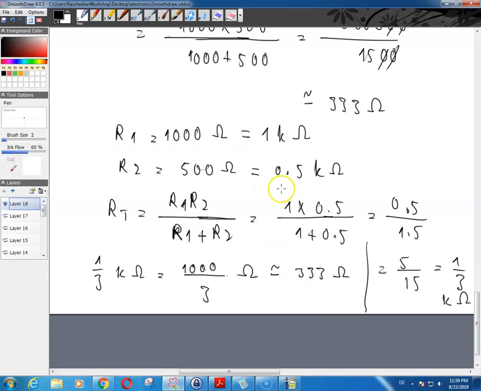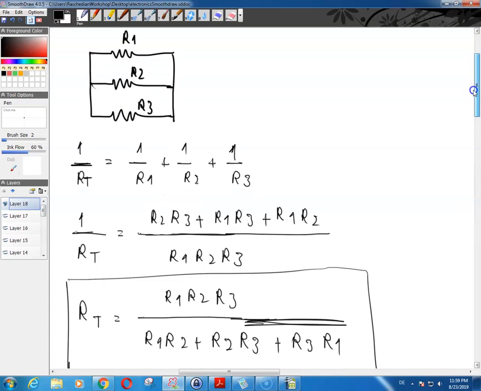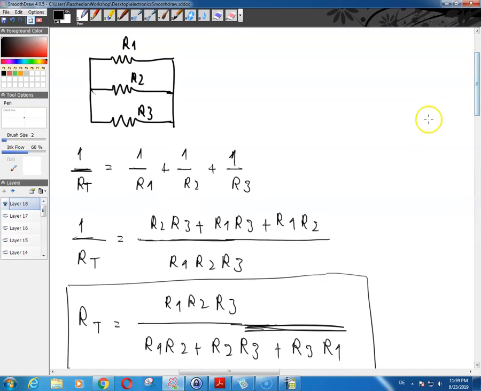So in particular situations, it's easier to convert your numbers so that you don't have to do unnecessarily too much calculation.